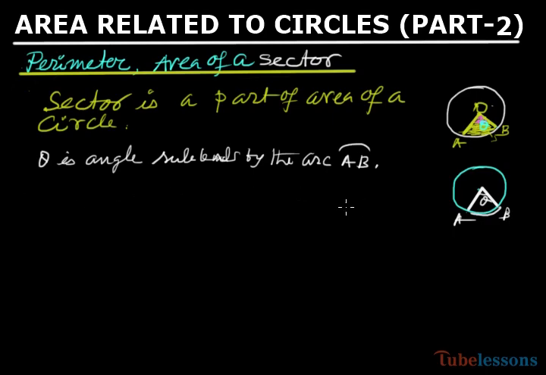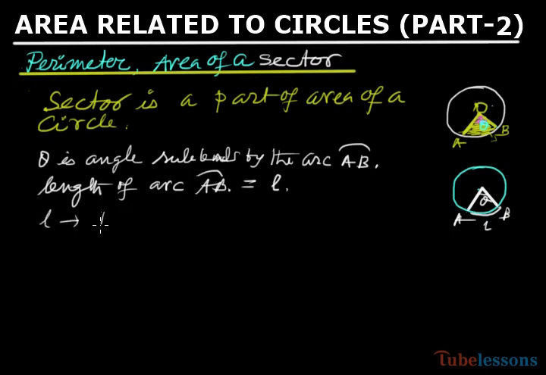Now, using theta, we'll find the length of the arc AB, which we'll denote by L. Now, we'll find a relation between the circumference and the length of the arc, because the length of the arc is part of the circumference.